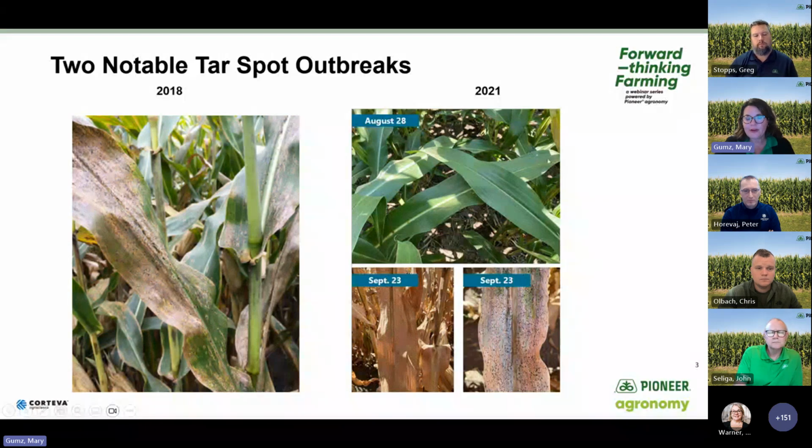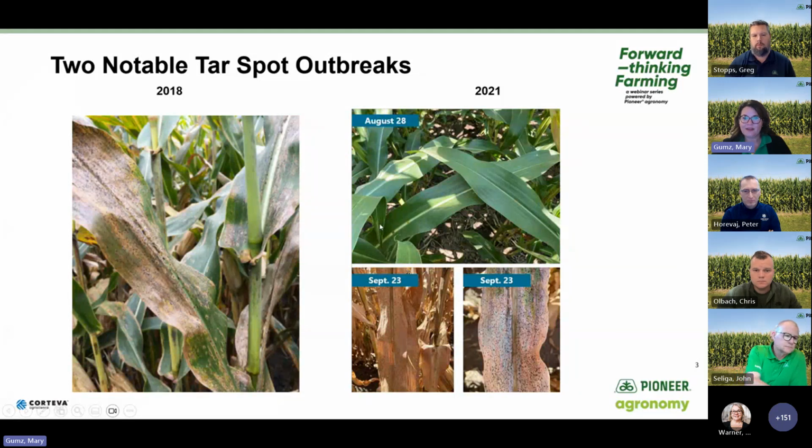2021 was a little bit different. We were wet early, but then it was actually a little bit of a drier year. And what we found was that that wet early was enough to get things infected. And like Peter said, we had this very long latency period. And so it came back later in the season. You can see some pictures here from northern Indiana.